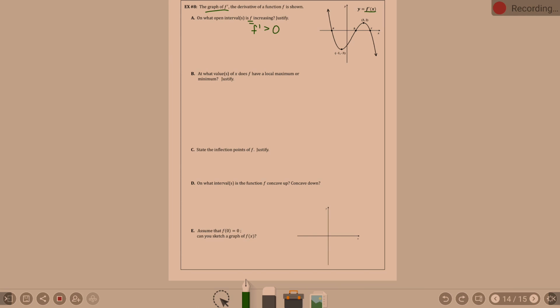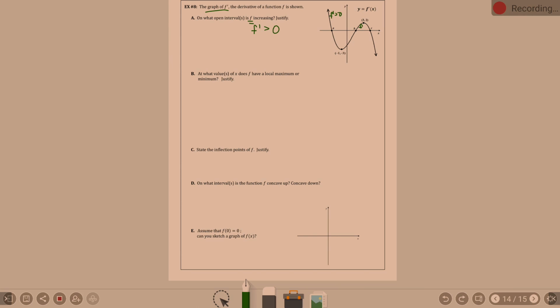When it is above the x-axis, right? So when f prime is greater than 0 there and there.